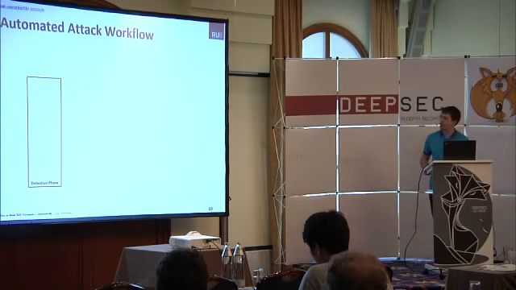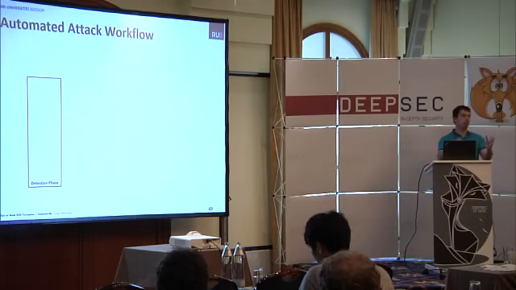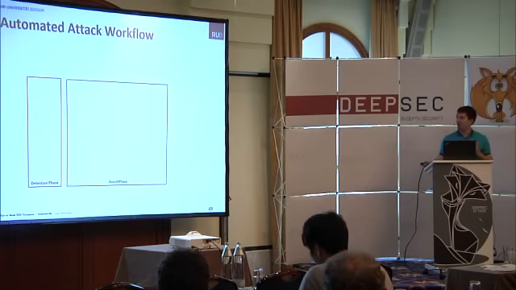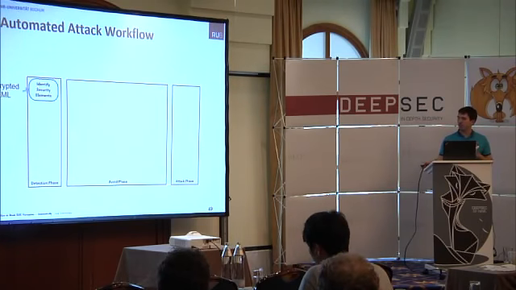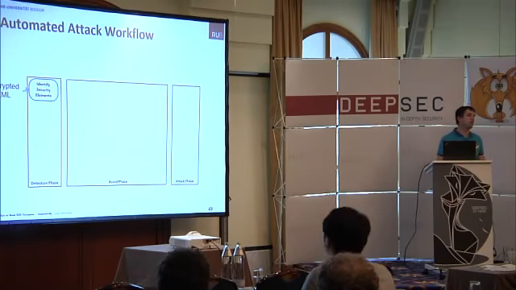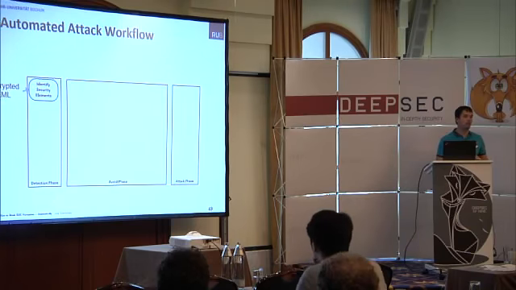So the first one is the detection phase. Imagine we just received an XML security message. Then we have an avoid phase and an attack phase. So imagine we have received an encrypted XML element, and now we have to identify the XML security mechanisms.